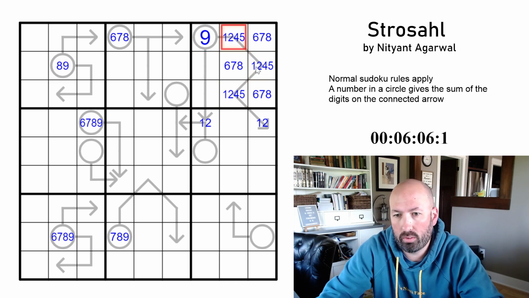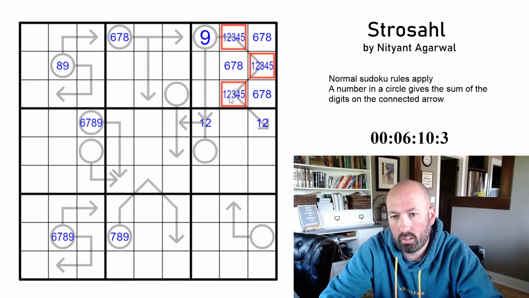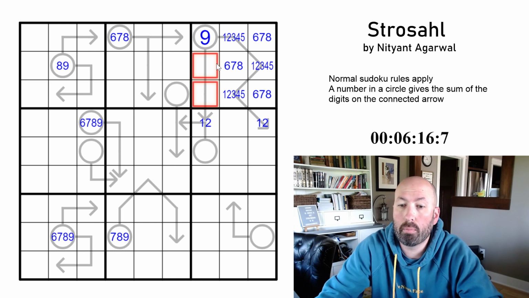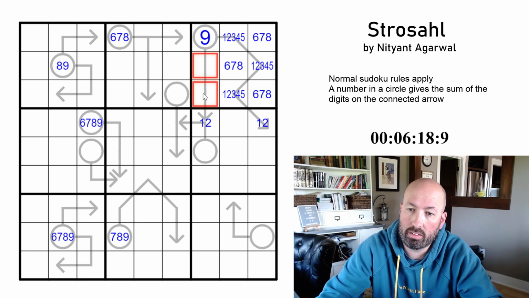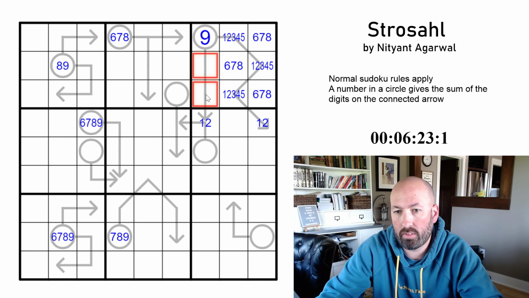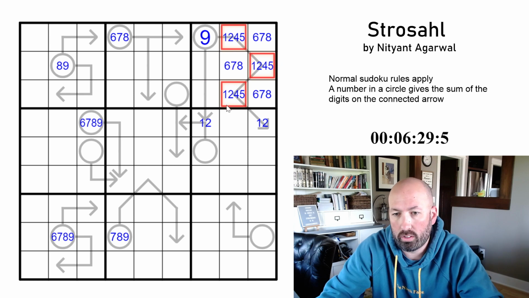Could it be 1, 3, 4? If it was 1, 3, 4, this would be 5 and 2. No, it can't, because if this is 5 and 2, that's 7. This would have to be a 2. You'd have a repeated 2 in the column. So this can't be 5 and 2. So this can't be 1, 3, 4. This has to be 1, 2, 4 or 1, 2, 5 with a 1 or a 2.